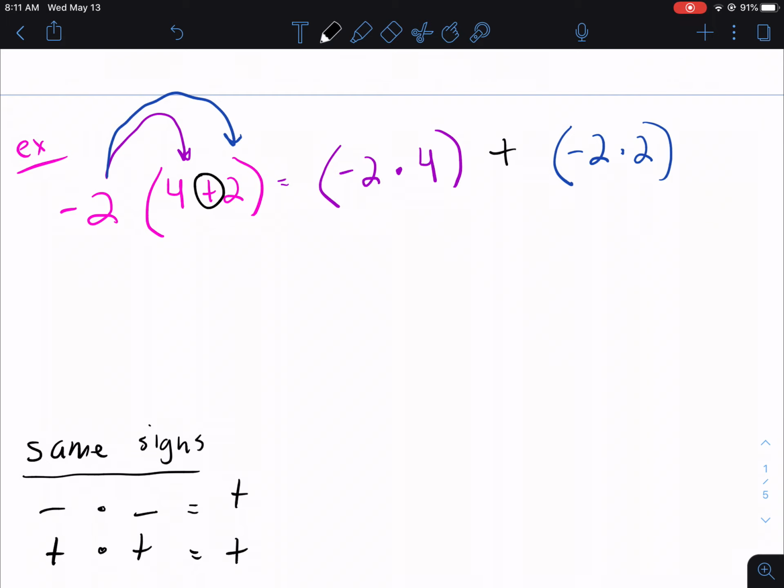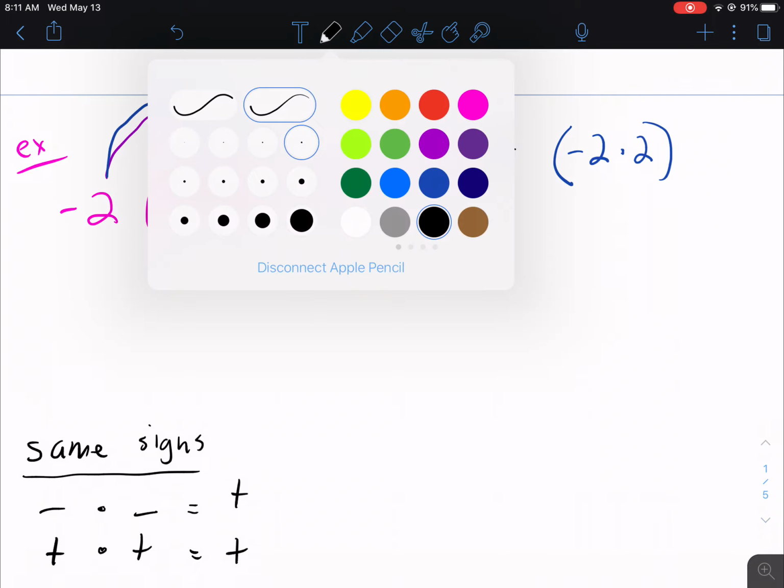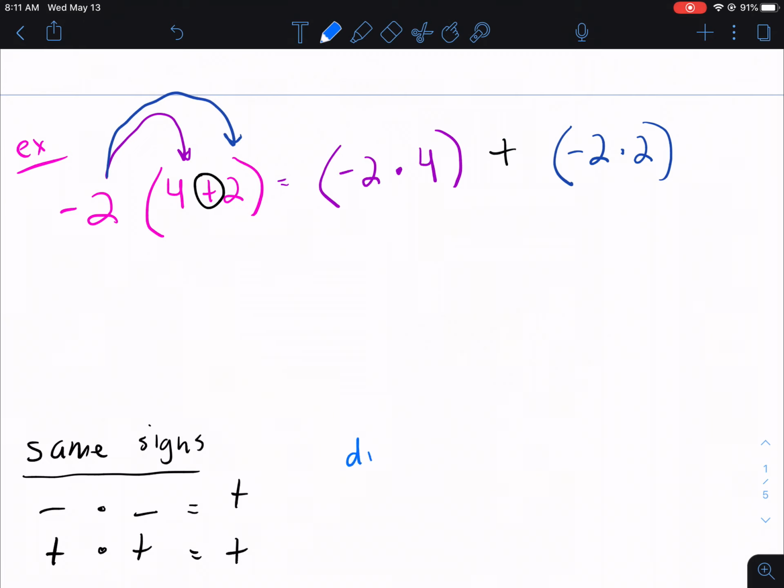Positivo por positivo es positivo. If you have different signs, diferentes signos, negative times positive equals negative. Negativo por positivo es negativo. Positive times negative is negative. Positivo por negativo es negativo.